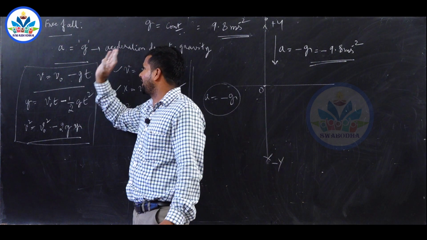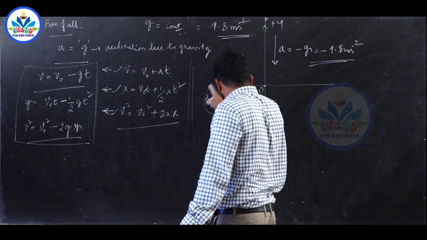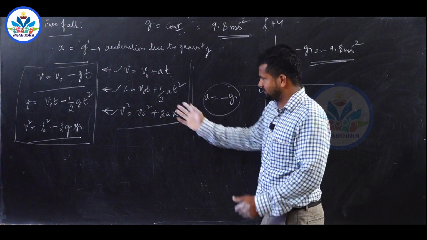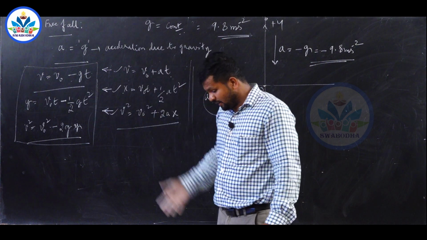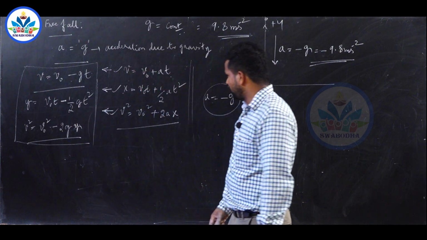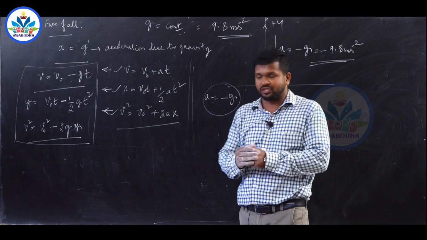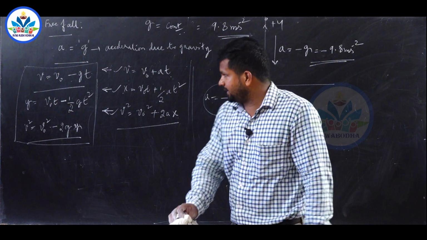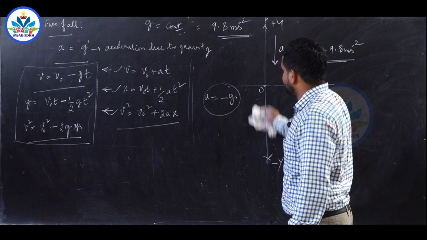So you just replace a by minus g in these equations. v equal to v naught minus gt, y equal to v naught t minus half gt square, v square equal to v naught square minus 2g into y.